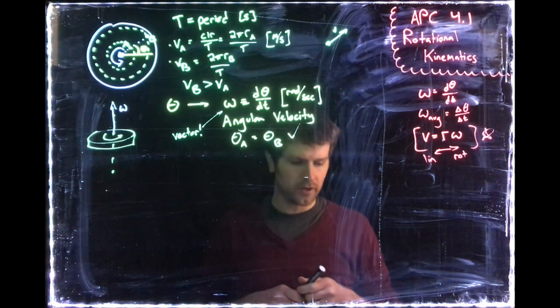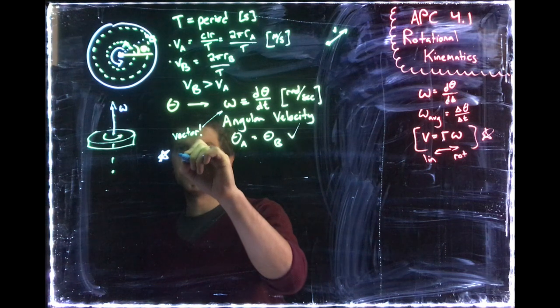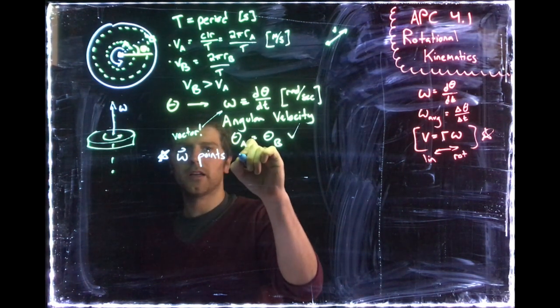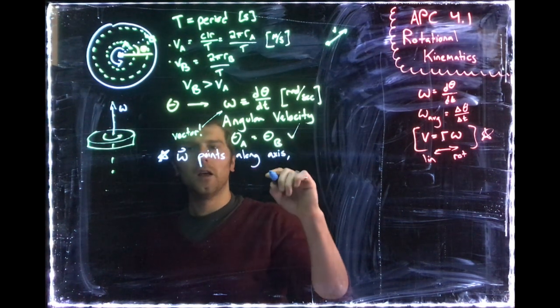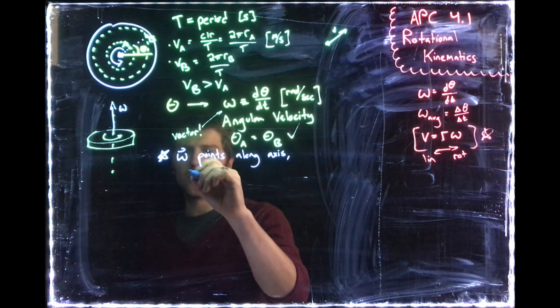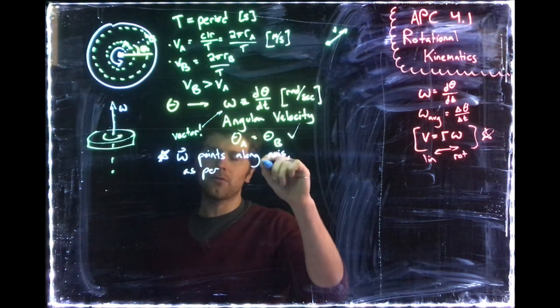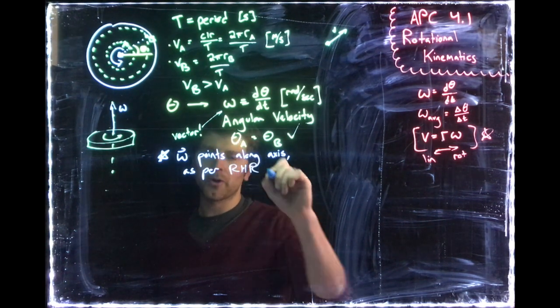So the direction of omega is along the axis of rotation, and whether it's going up or down is as per what we call the right hand rule.